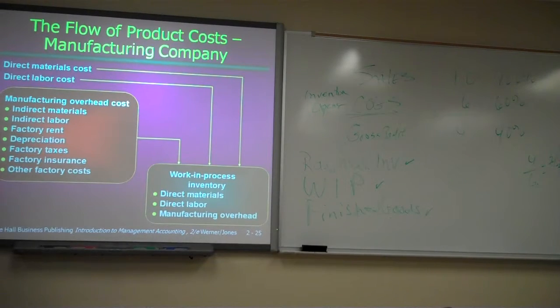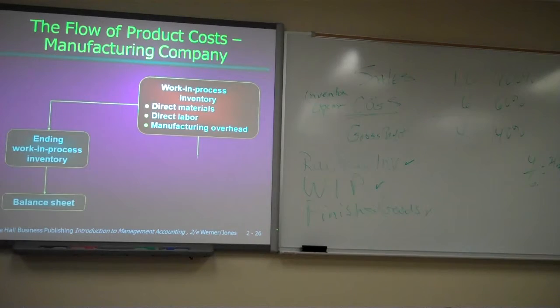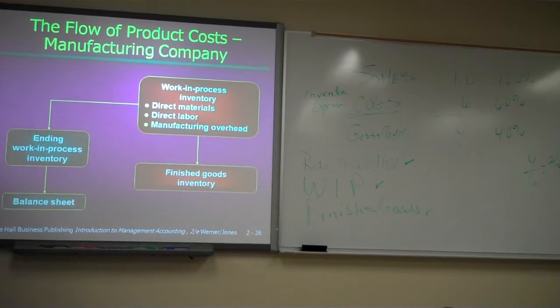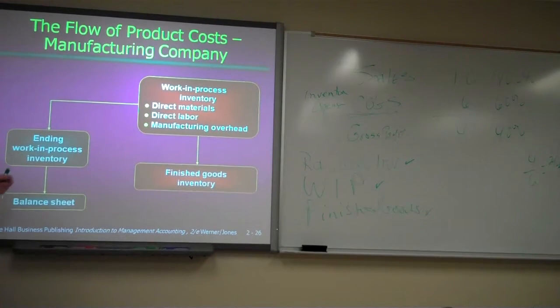So work in process is going to have our direct materials, our direct labor, and manufacturing overhead. So you're starting to see the flow in your brain, starting to burn it in there. Feels good, doesn't it? Okay, work in process: direct materials, direct labor, and overhead.